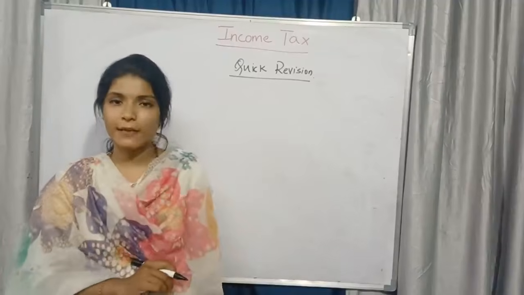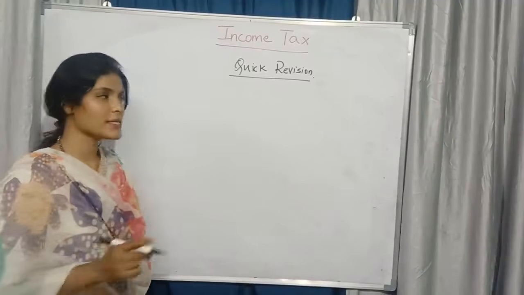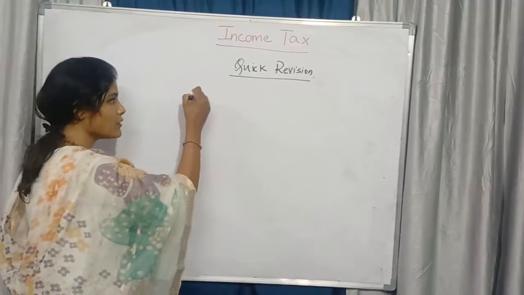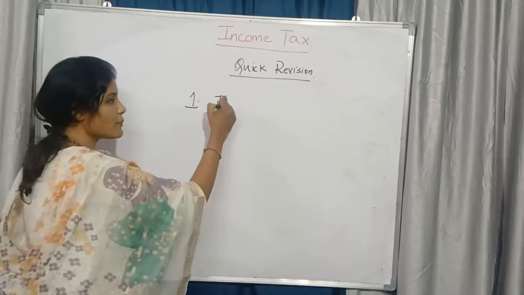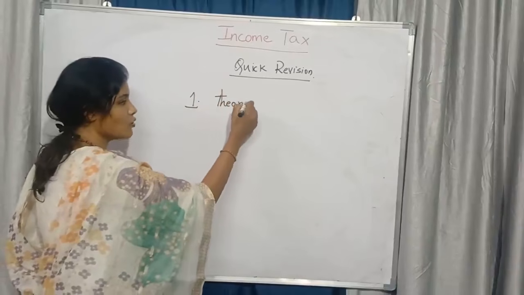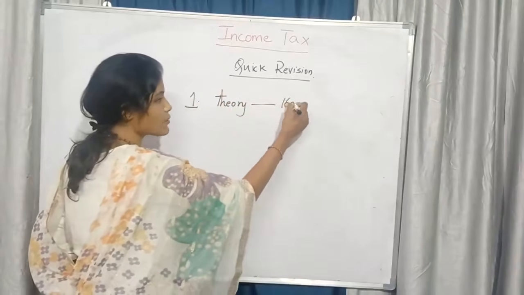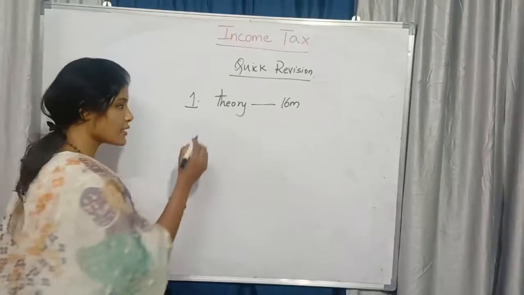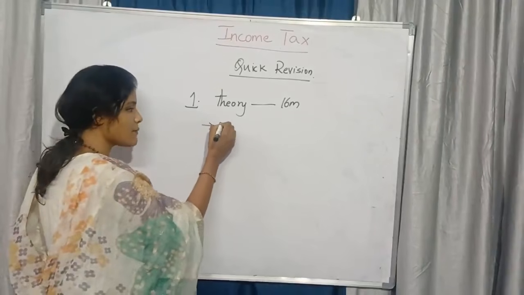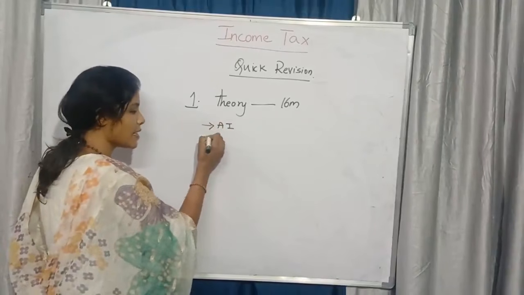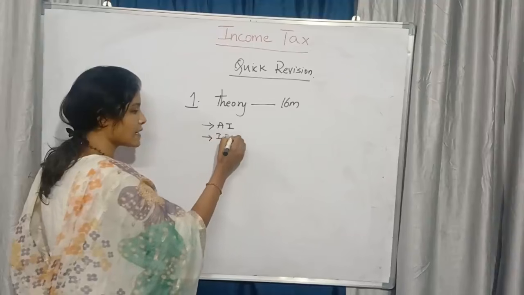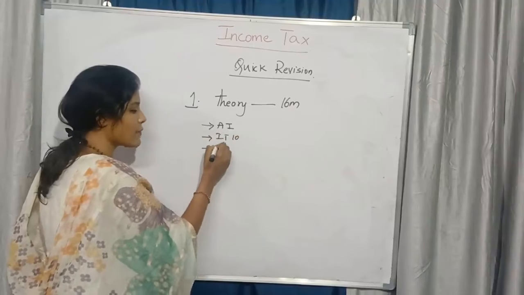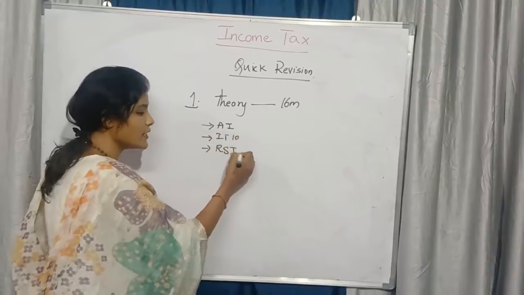Quick revision of income tax subject. We will go unit wise. Coming to the first unit, we are preparing theory. For theory, you can score 16 marks. For 12 marks, what you have learned is: first, agriculture income; second, Income Tax Act under section 10; third, residential status of an individual.